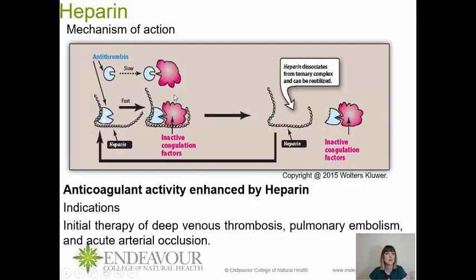So a small dose of heparin can inhibit a large amount of clotting. So this is used as the initial therapy for deep vein thrombosis, pulmonary embolism, and any acute arterial occlusion, where you don't want a clot to be able to get any bigger or any more clots to be able to be formed by whatever's triggered them in the first place.